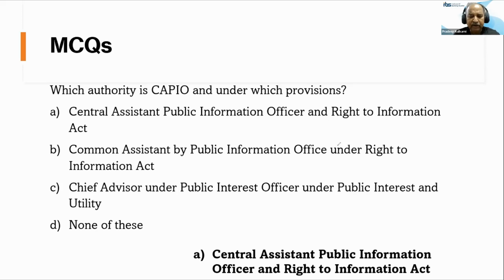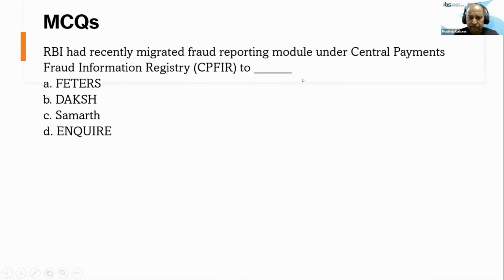How much period is available for providing the information to the person seeking information, or is there any reason the person needs to give why he requires that information? Is there any fee applicable for the information sought? These are the 3-4 important aspects asked, along with the Central Assistant Public Information Officer or Public Information Officer.